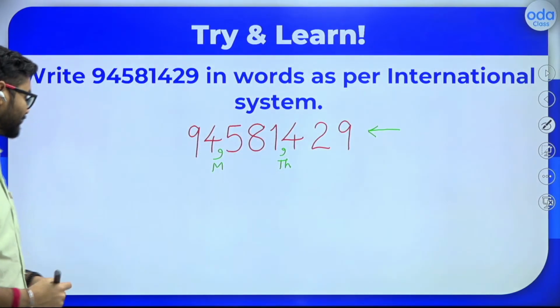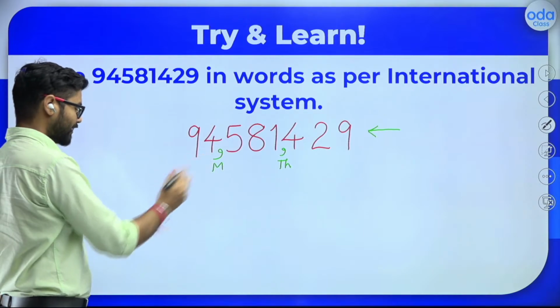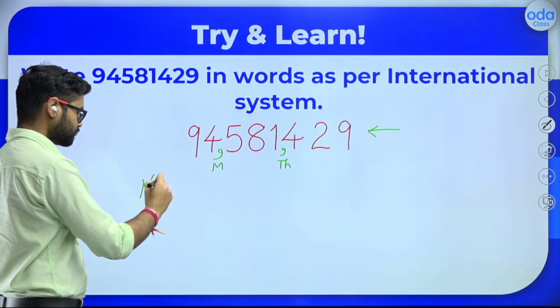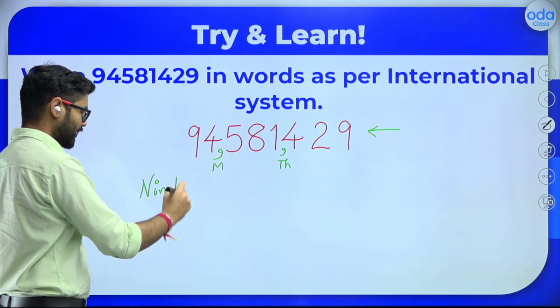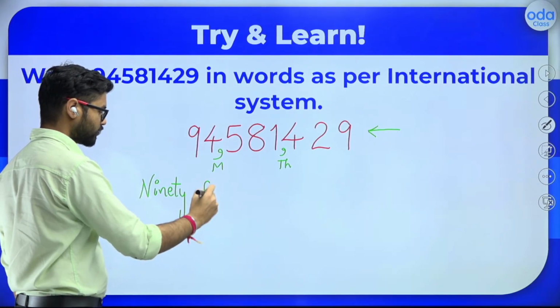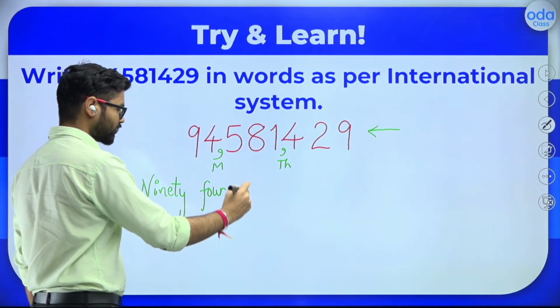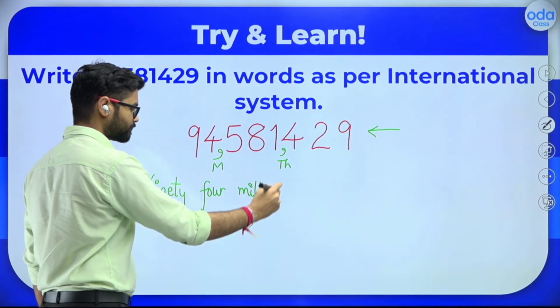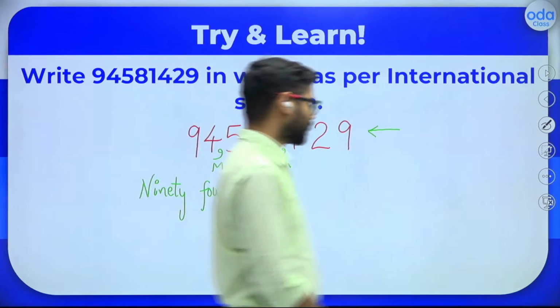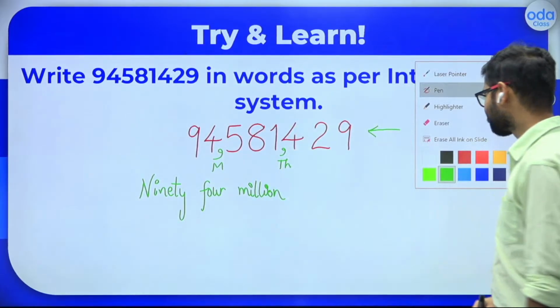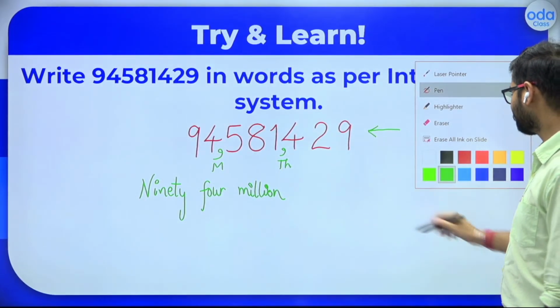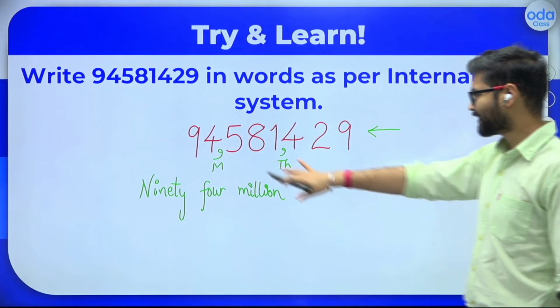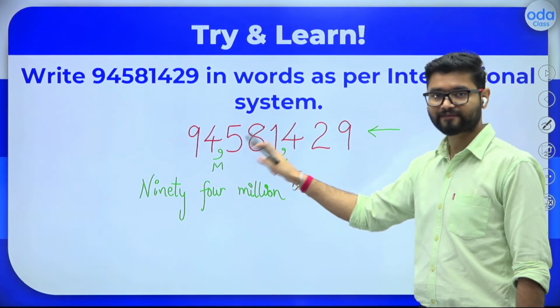Let's represent it now. So it will be 94 million. For the first comma, we have 94 million. Okay, clear? And now for the next one, between the two commas, we have 581.